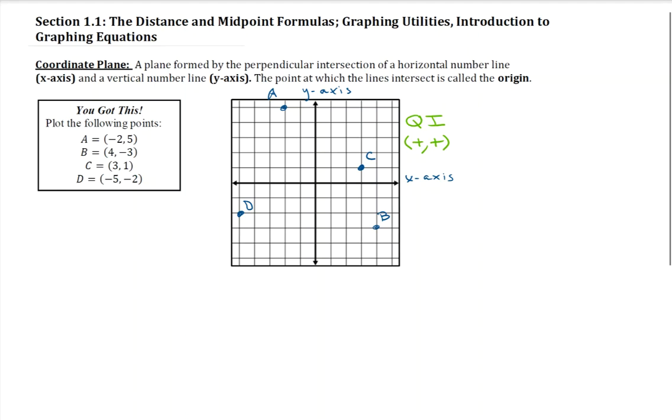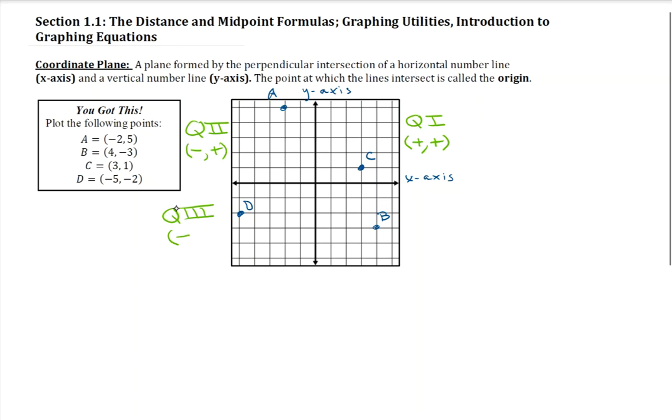Then you start moving counterclockwise. The second quadrant is to the left of Quadrant 1, and this would be Quadrant 2. I'll write that capital Q Roman numeral 2. And if you're a point in Quadrant 2, your x-coordinate's negative and your y-coordinate's positive. Right below Quadrant 2 is Quadrant 3. So Q Roman numeral 3.